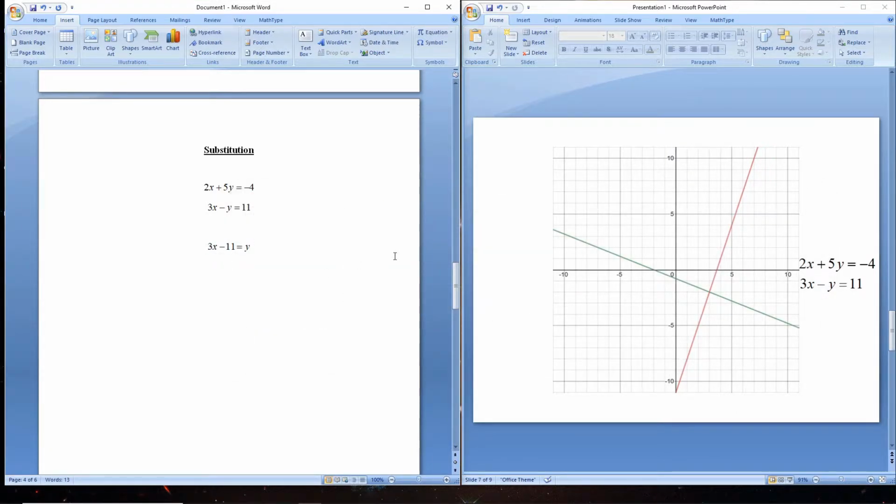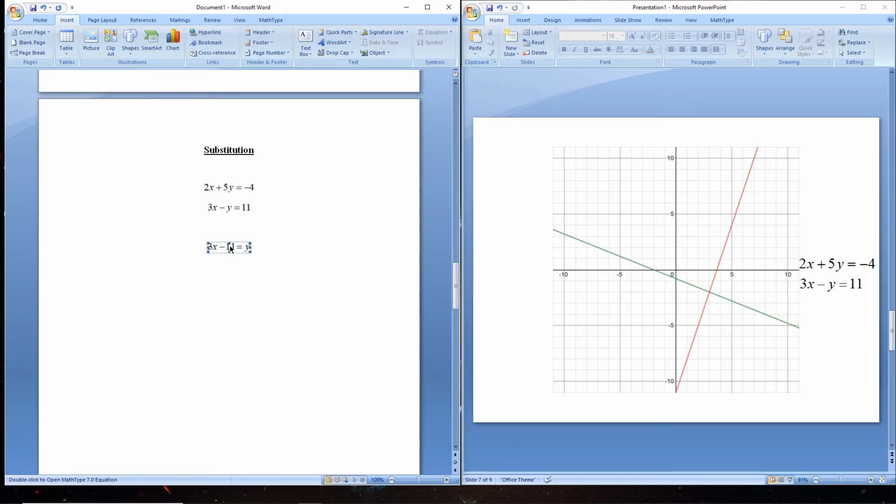And now that we've solved one of the equations for one of the letters, we can just stick that into the other equation. Now it is important that you do stick it into the other equation to get an answer. If you stick the equation back into itself, all it's going to tell you is that it's a true statement. It's going to be like 0 equals 0 or 2 equals 2. Just going to tell you it's a true statement. It's not going to give you a solution.